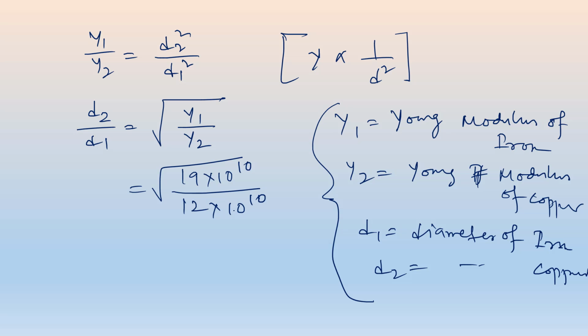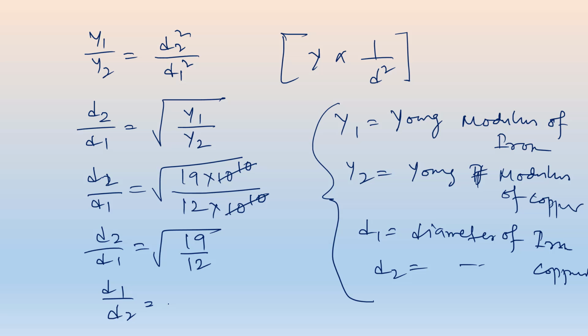After substituting the values, 10 to the power 10 will be eliminated and d2 by d1 is root over 19 by 12. So d1 by d2 is root over 12 by 19. In this way you can find the ratio of their diameters.